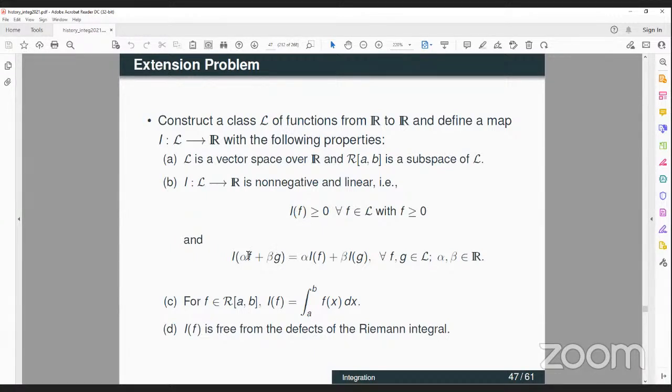And integration, of course, has to be linear, so the integral of alpha f plus beta g should be alpha times the integral of f plus beta times the integral of g. And it has to be an extension for Riemann integrable functions: for a Riemann integrable function, the new integral should be equal to the Riemann integral. And as much as possible, it should be free from the defects of the Riemann integral.